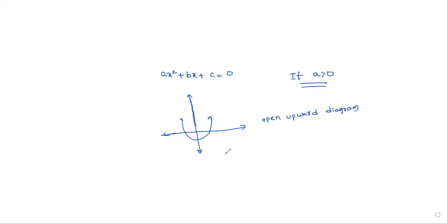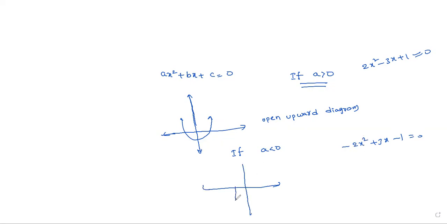In case of a less than 0, for example, minus 2x square plus 3x minus 1, this graph is form of, so x square coefficient is negative, open downward diagram. Open downward diagram. ఓకేనా?